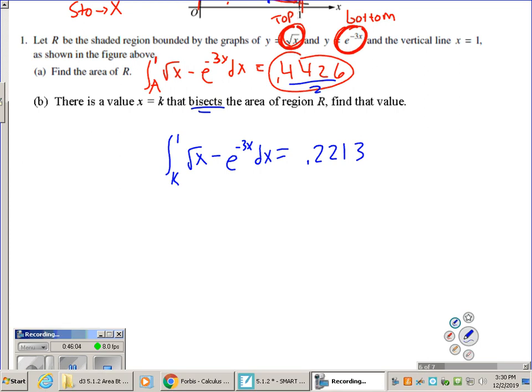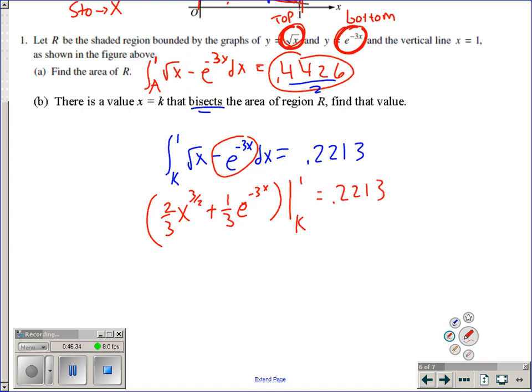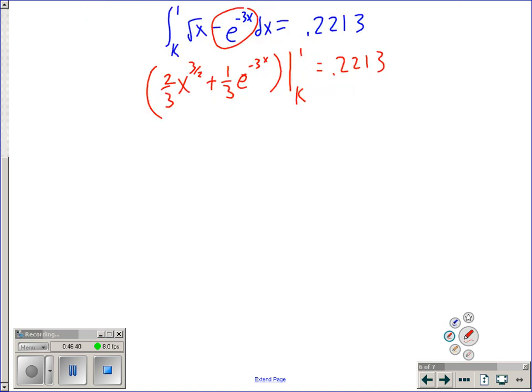So let's integrate this bad boy and solve. So integration of square root of x is 2/3 x to the 3/2. If I'm integrating this right here, I could do u sub, but remember that the negative 3 comes out as negative 1/3, so that's going to be positive 1/3 e to the negative 3x. Okay, and I'm evaluating this from k to 1, and that's going to equal 0.2213. So I'm just going to plug in values and solve. So I plug 1 in for x.